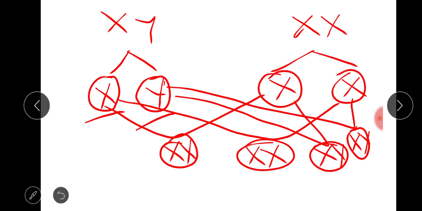So if an ovum fertilizes with a sperm carrying X chromosome, the zygote develops into a female, that is XX. And if an ovum is fertilized with a sperm carrying Y chromosome, the zygote thus formed will be male, that is XY.